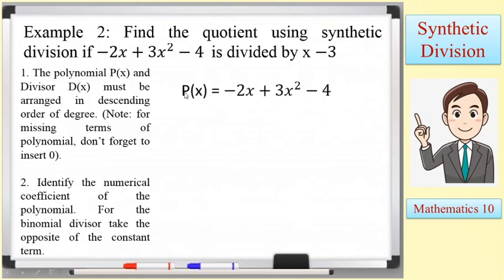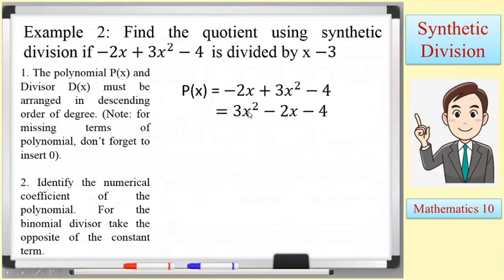So, we have the polynomial p of x equals to negative 2x plus 3x squared minus 4. Since hindi naka-arrange yung ating polynomial, kasi ang naunang degree ay imaginary 1, sinundan ng 2 and 0. So, kinakailangan natin i-arrange by the degree of polynomial. So, we have 3x squared minus 2x minus 4.